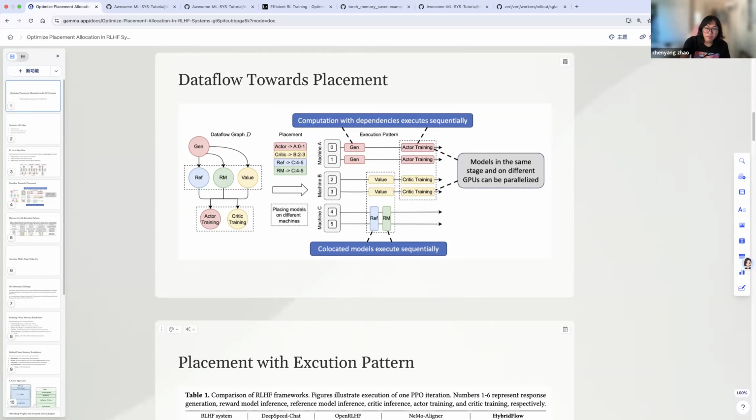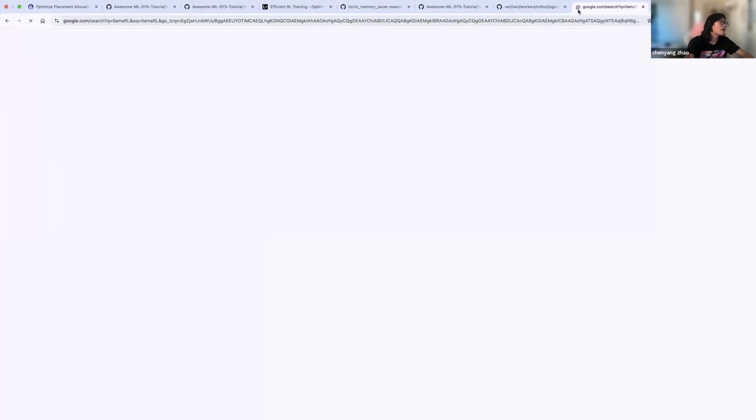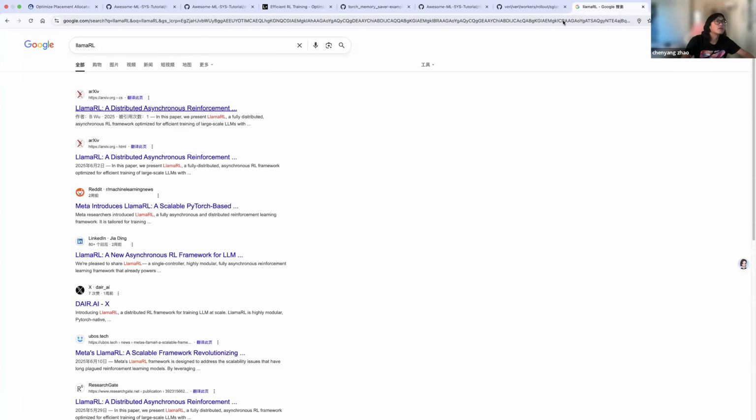And the second part, I think everyone has noticed that recently we have new paradigms in asynchronous RL. There are famous papers like this one, the Llama RL, right? It's a new paper and is being cited a lot.